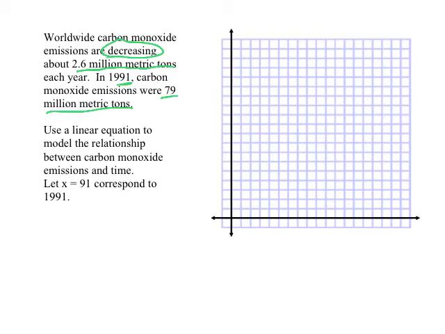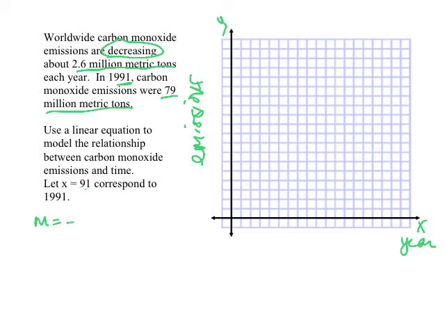Let x be time, and they're saying 91 corresponds to 1991. So this is x, and this is year, and that means this is y, and this is your emissions. And we have our slope.